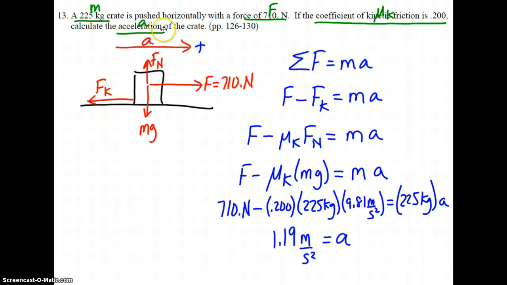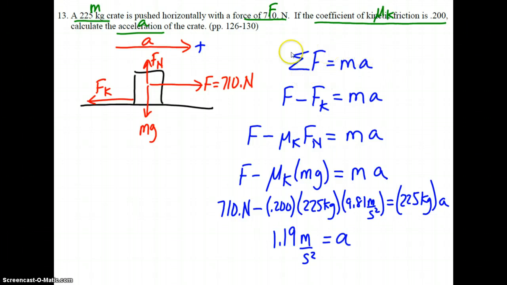Next step, we draw a free body diagram. We have our weight down, normal force up, our forward force of 710 newtons, and our backward friction of kinetic friction labeled Fk. Above this I have a motion arrow reminding us that the object is accelerating, and that direction of motion is positive. Next, we start with Newton's second law expression, sigma F equals ma.